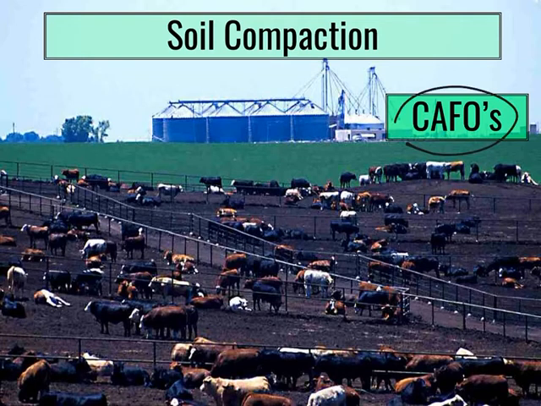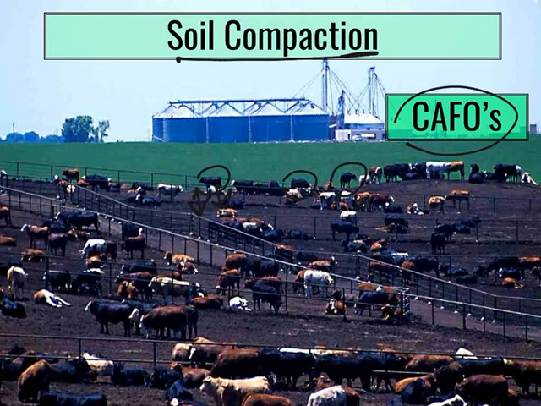This is a picture of a CAFO, or a concentrated animal feeding operation. One thing that results from CAFOs is soil compaction. Soil is compacted or pushed down. Take a look at these cows. These cows are obviously heavy animals, and they have hooves, and all they do is walk around on this soil day after day, and they compact the soil.